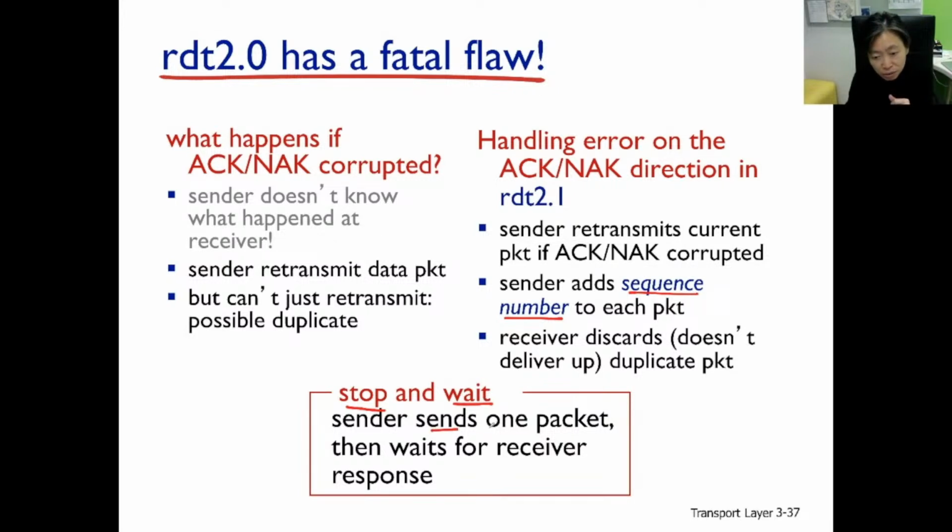So you see, if the receiver, during the stop-and-wait state, receives two packets carrying the same sequence number, then that must be a duplicate due to a corrupted ACK, isn't it? So the sequence number in this form of reliable data transfer is very simple. It needs only one bit, two numbers, 0 and 1, to tell a duplicate apart from a new packet.